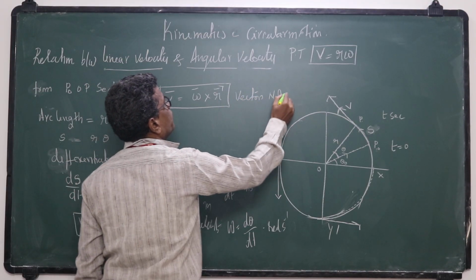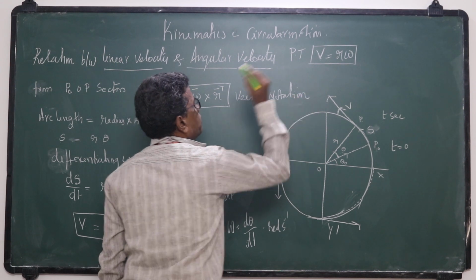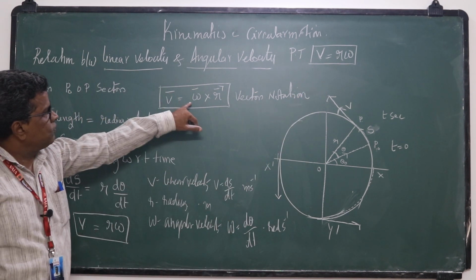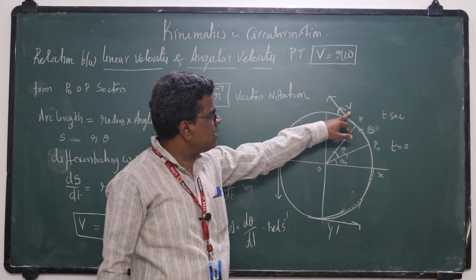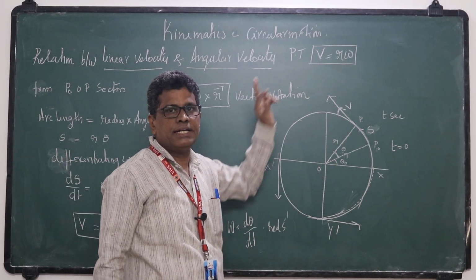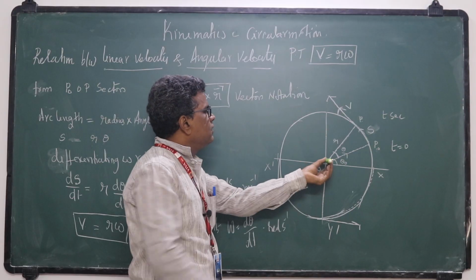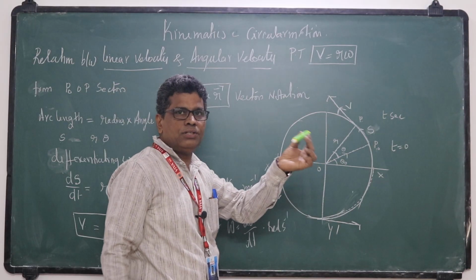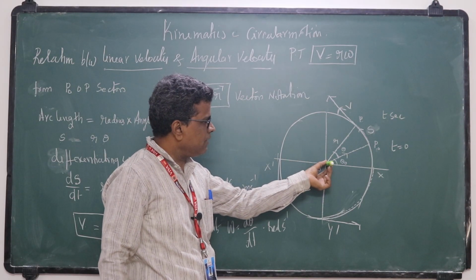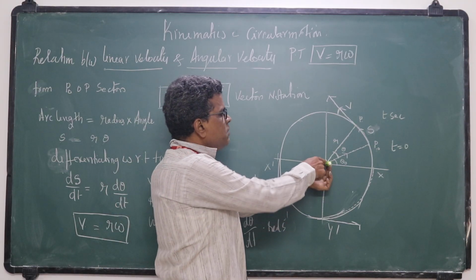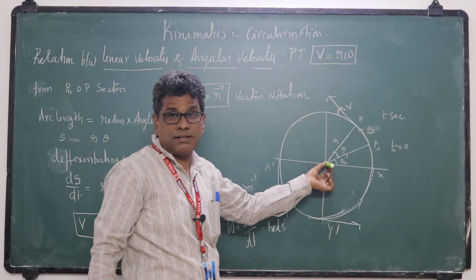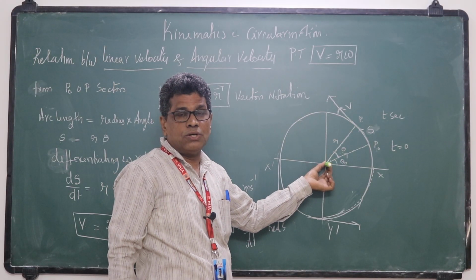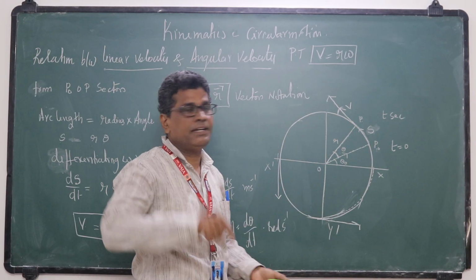The direction of v bar is along the tangent, and omega is along the axis, perpendicular to the plane of rotation. So omega and v are perpendicular to each other, and the angle between them is 90.